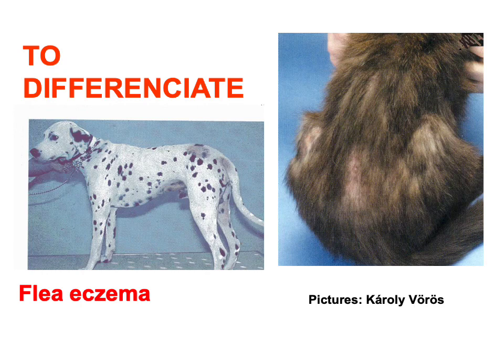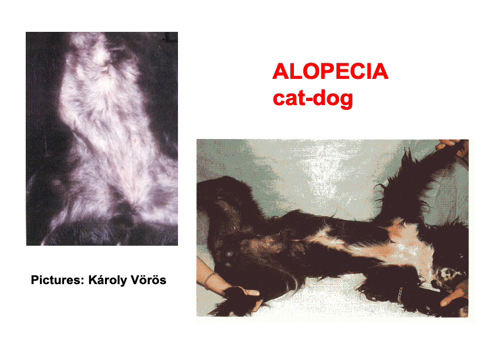You can see on these pictures the first and second flea eczema, and very similar if you see alopecia caused by feed allergy, allergic skin reaction. This is the abdominal part of a cat, and this is of a dog in a supine position.